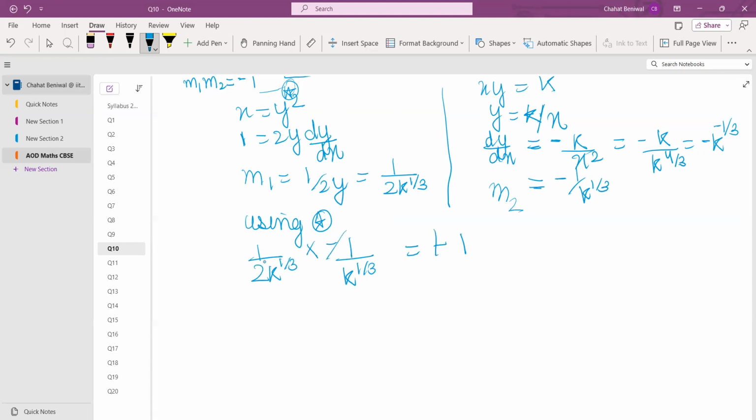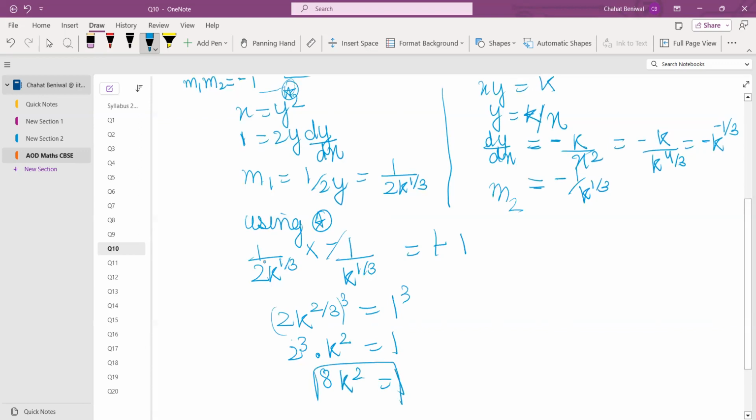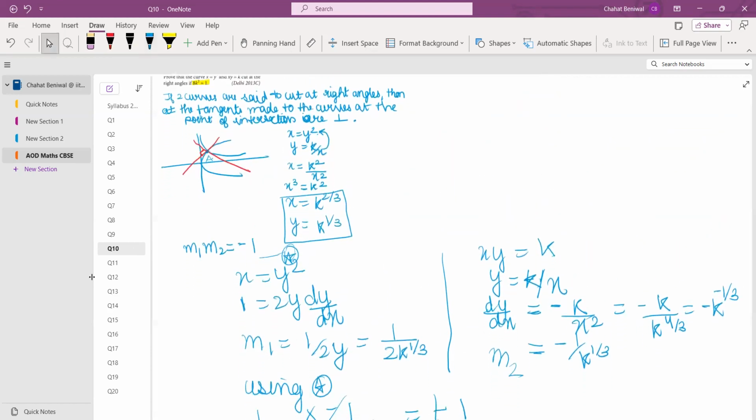So this negative sign is going to cancel out, and we can say 2 into k raised to power 2 by 3 is equal to 1. Okay, let's cube on both sides. So this is going to become 2 cube, then k square is equal to 1. 8k square is equal to 1. I guess we proved what we had to prove. Yes, this is what we need to prove.